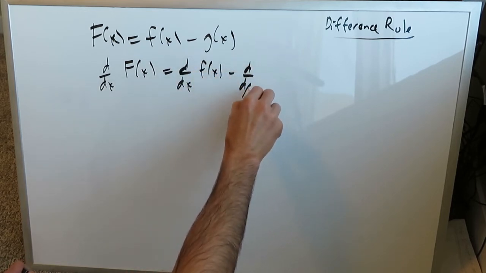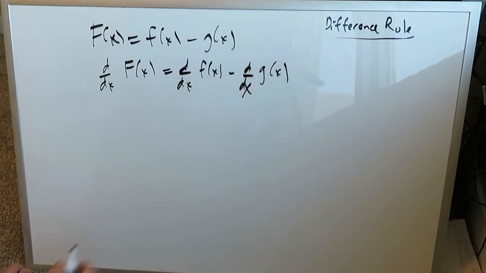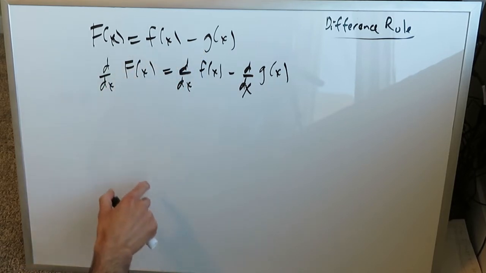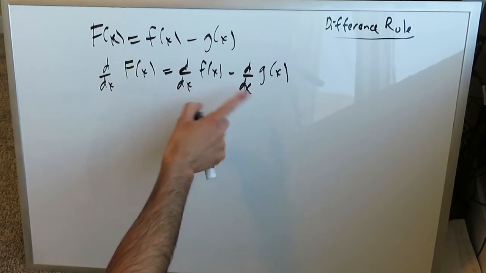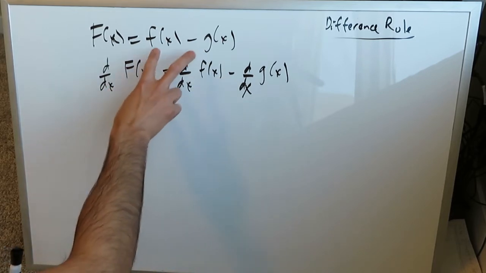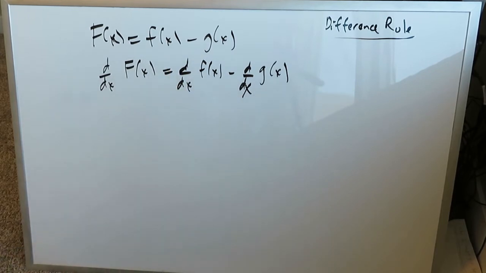You see, you could distribute the derivative across the 2 functions. So how do you verbalize this? The derivative of the difference of 2 functions is the same as taking the difference of their derivatives. I'll say that again. The derivative of the difference of 2 functions is the same thing as the difference of their derivatives.